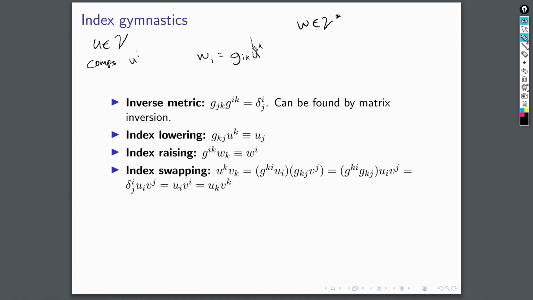So we started with this U, which is a 1,0 tensor, and we were able to construct this thing here, which is a 0,1 tensor. That's pretty cool. So we have this U, an element of our original space, and we map it to what's actually called the flat, which is in the dual space.